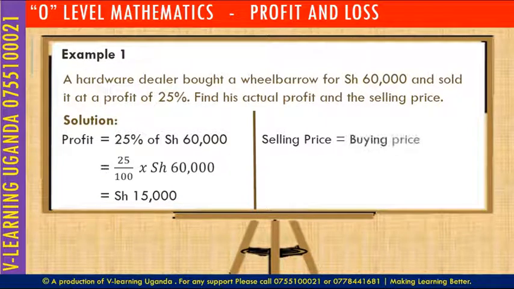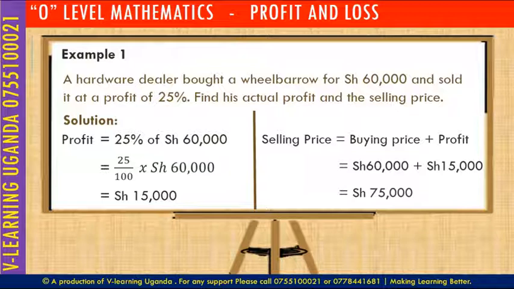So buying price plus profit: 60,000 plus 15,000 gives the selling price of 75,000 shillings. As easy as that. That is how people make profitable business. Remember, in business there is not only profit. Profit is the most desirable, but sometimes there are losses. So we look at profit and loss. That is our first example.